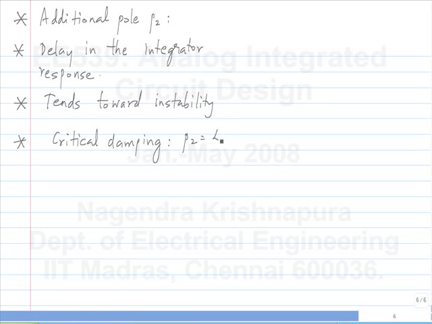So, critical damping happens when P2 is at 4 times the unity loop gain frequency. What I mean is 4 times the unity loop gain frequency when P2 was not there.